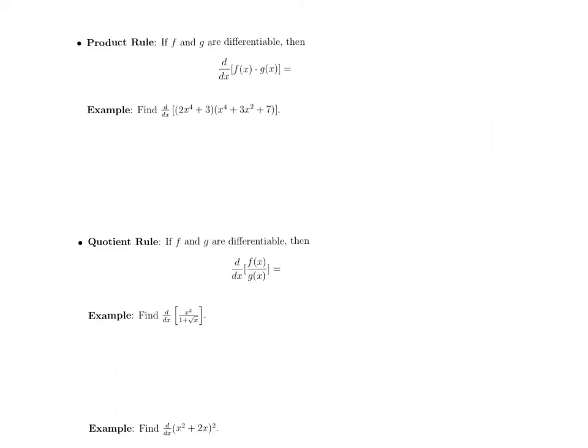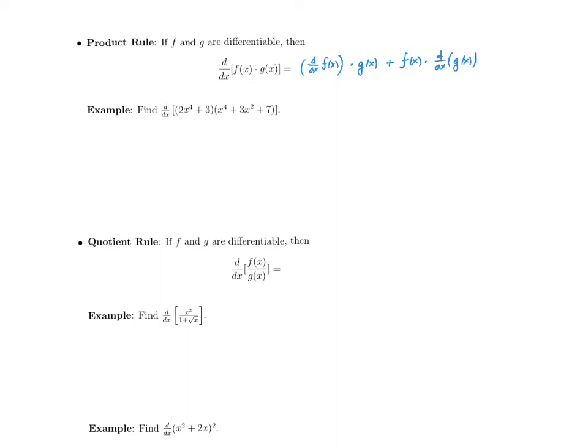So if f and g are two functions that we can differentiate, the product rule tells us the following. The derivative of f times g is going to be the derivative of f times the function g plus f times the derivative of g.